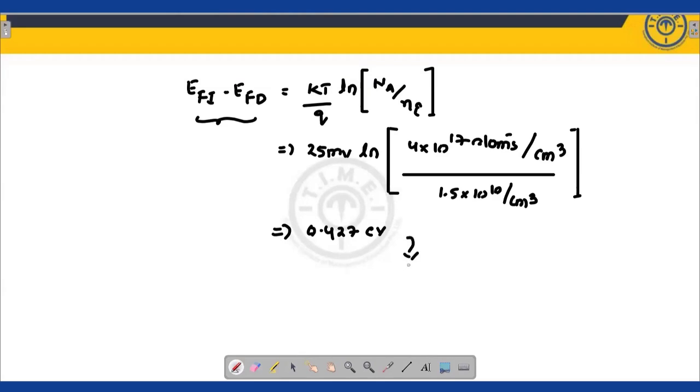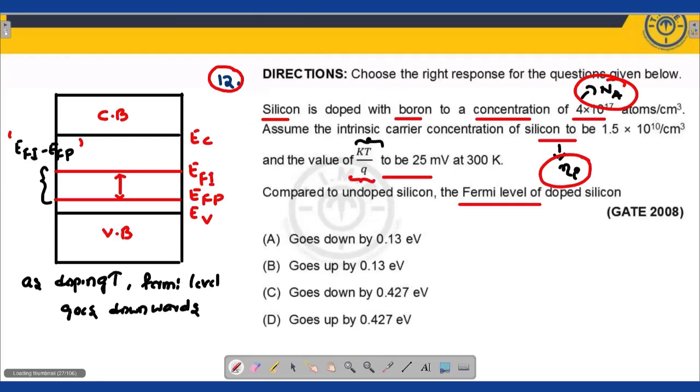So the Fermi level goes down. See, now what is the option here?